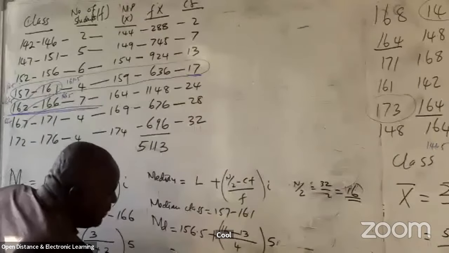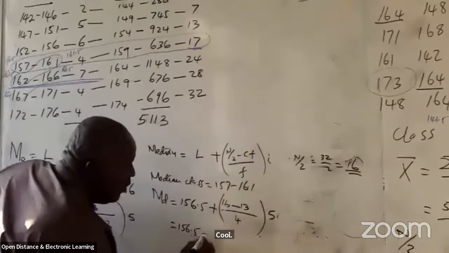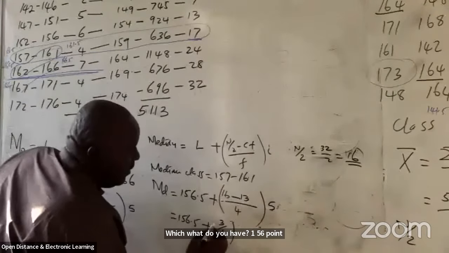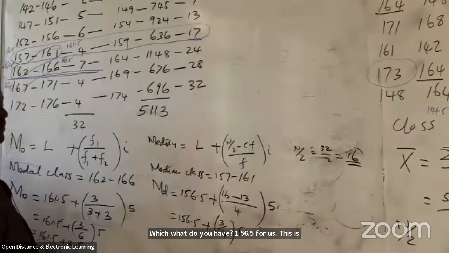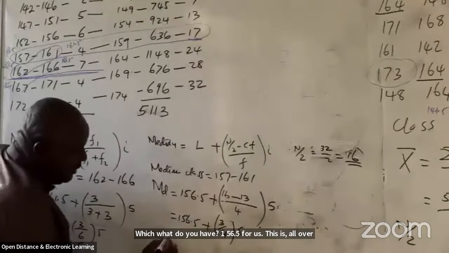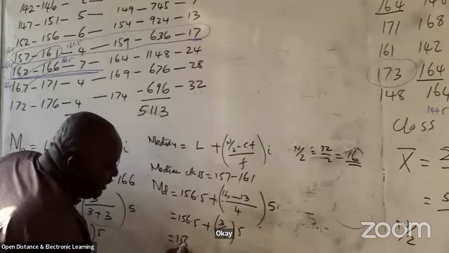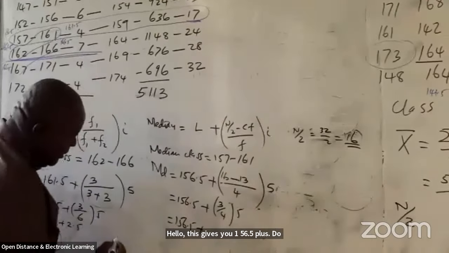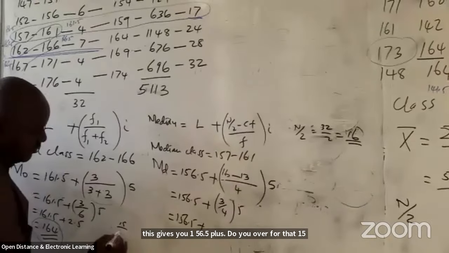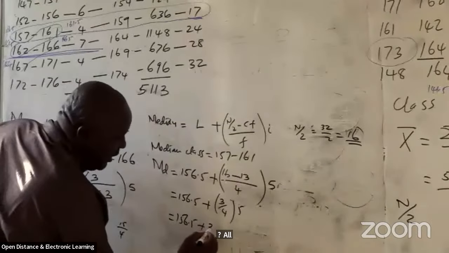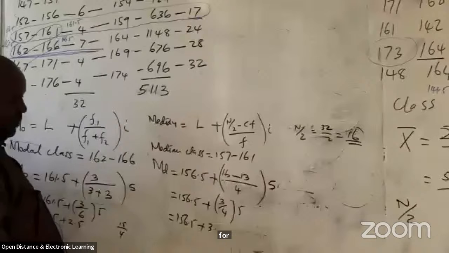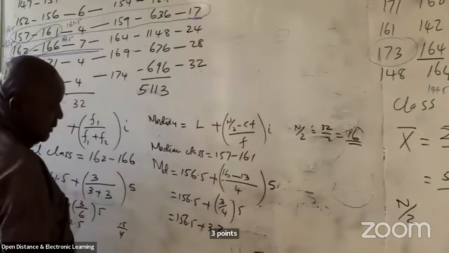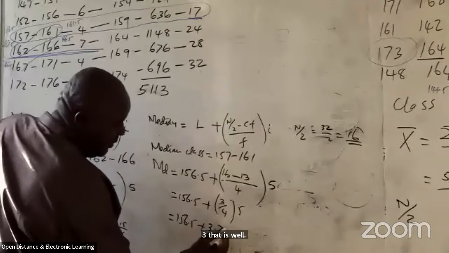When you substitute, you have 156.5 plus 3 over 4 times 5. So evaluate this: 156.5 plus 15 over 4, and that will give you 3.75.